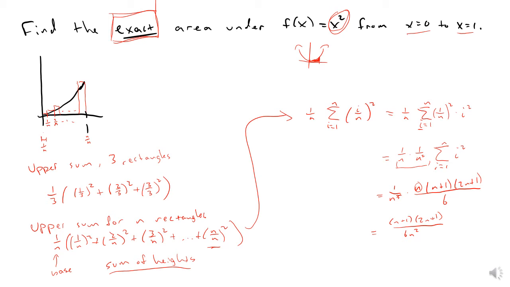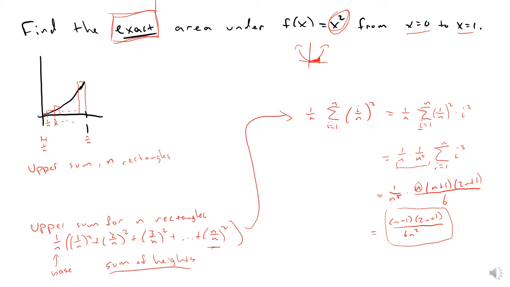So now this expression gives me the area, or the upper sum, for this graph for n rectangles. No matter what n is, if I want the upper sum for n rectangles, this right here gives me that upper sum, n plus 1 times 2n plus 1 over 6n squared.